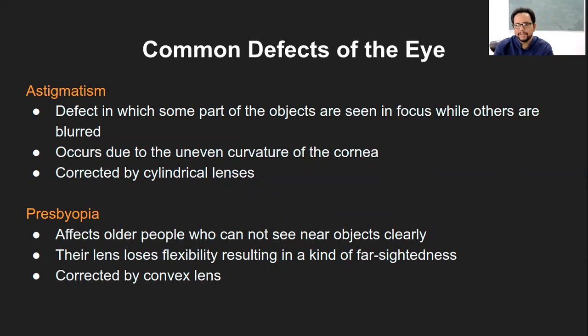Let's say, for example, if you are looking at the screen now, the right corner of your screen you are able to see very clearly, but the left part is not visible, or is blurred. That type of disorder is called astigmatism, and this usually happens due to the uneven curvature of the cornea. And again, why does that happen?